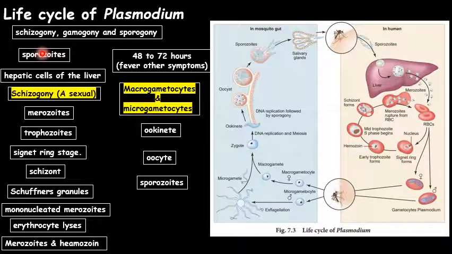So you can clearly see here, the life cycle of Plasmodium has only three stages. An infected mosquito injects saliva to prevent the blood from clotting. As I told you, the sporozoites have moved to the salivary glands, right?